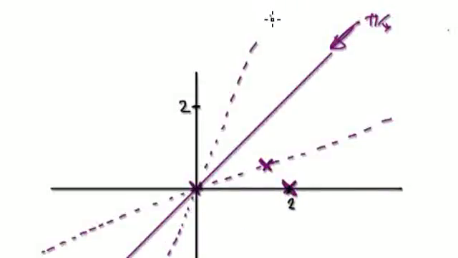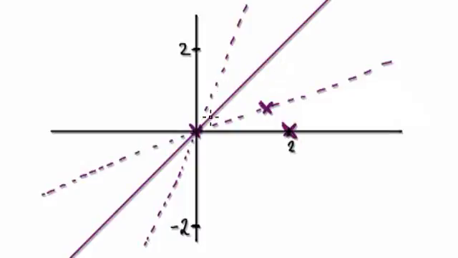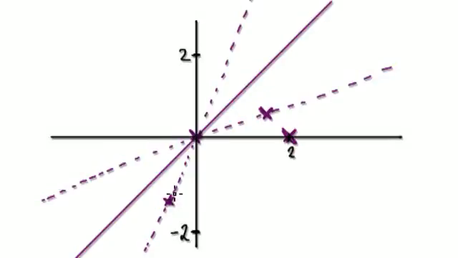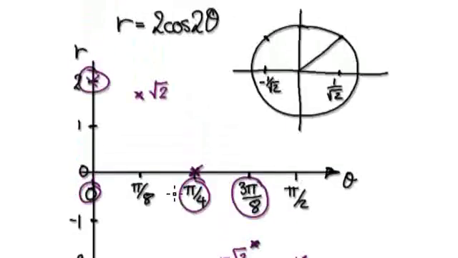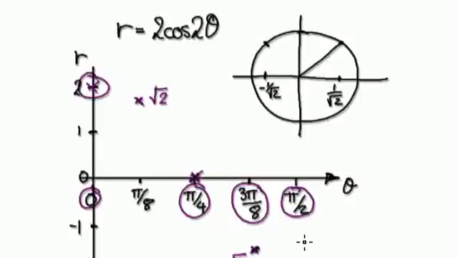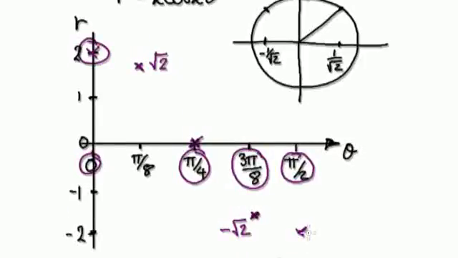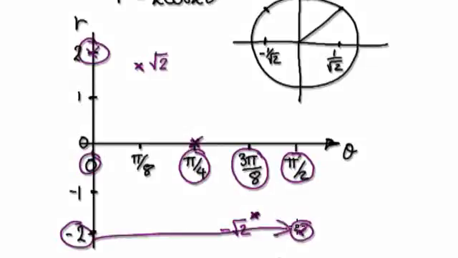This here is positive root 2, but negative root 2 would be going the other way, in this direction somewhere around here. And then when it's pi over 2, the radius will be negative 2.